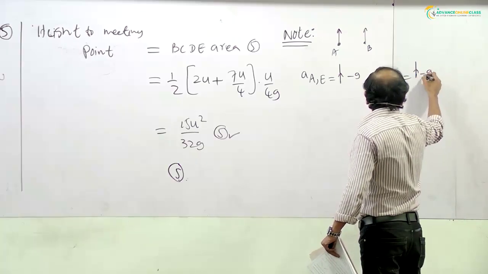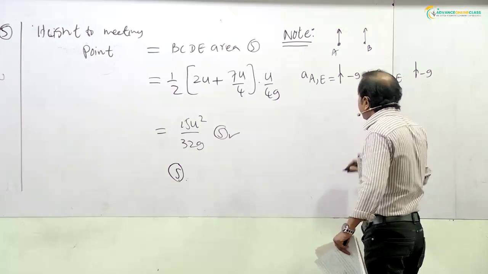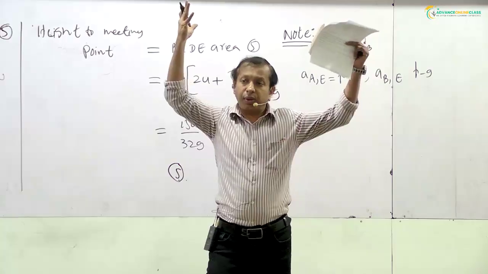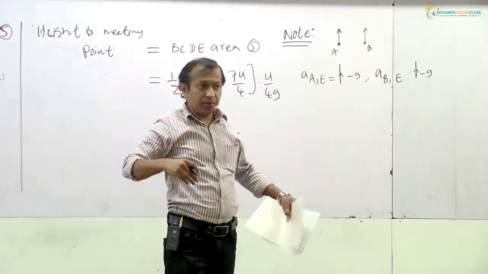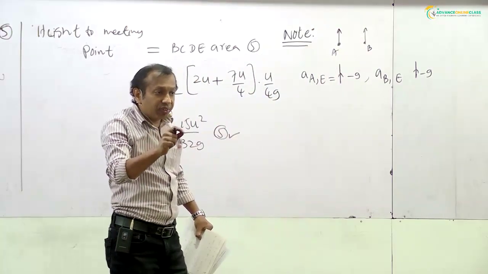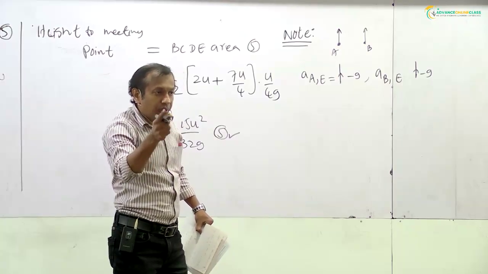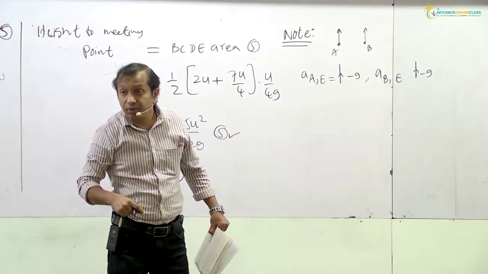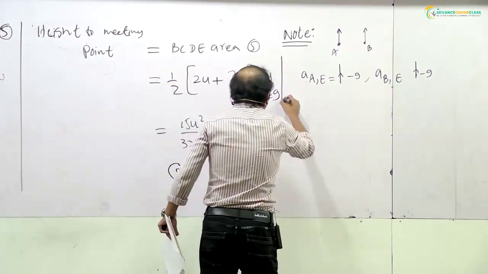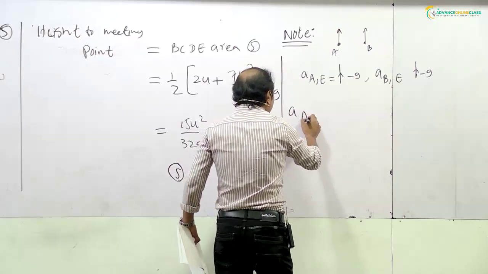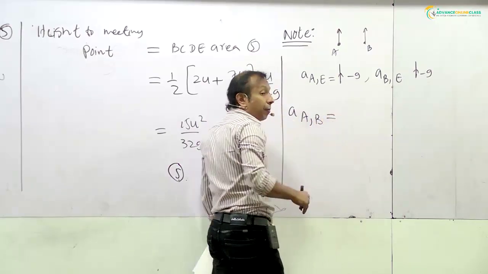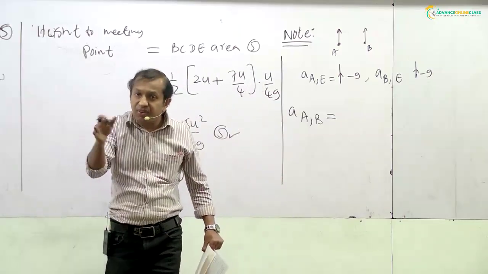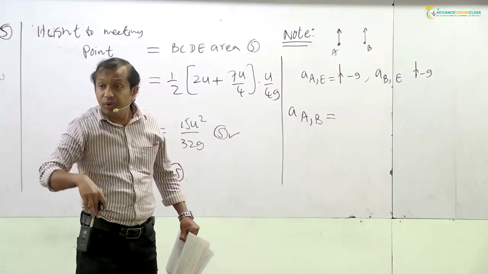Also minus g. Now people, while both are moving upwards with the retardation g, I am going to find the acceleration of A relative to B, or of B relative to A, by using the principle of relative acceleration. It is the same as the principle of relative velocity.